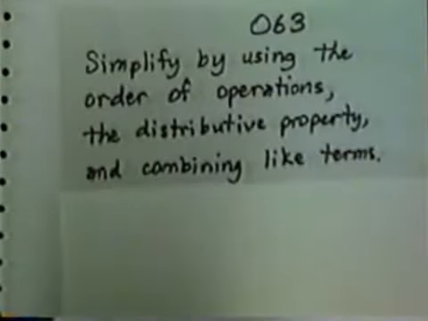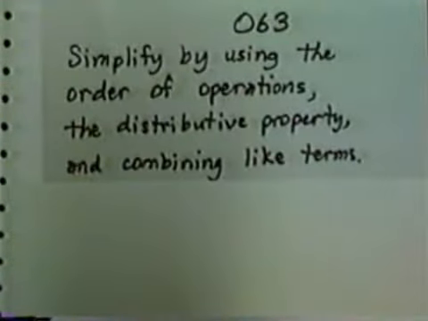Let's go now to our second objective on this tape, which is to simplify by using the order of operations, the distributive property, and combining like terms. I've worded it slightly differently this time, naming the distributive property and indicating that we will be combining like terms.